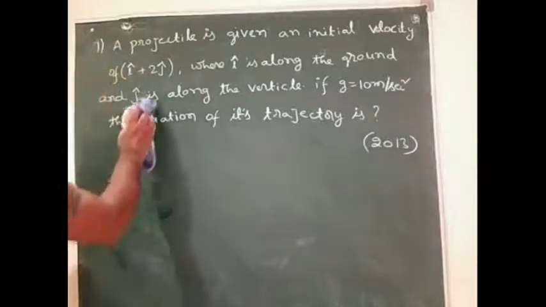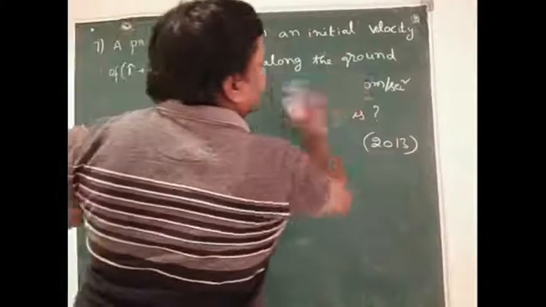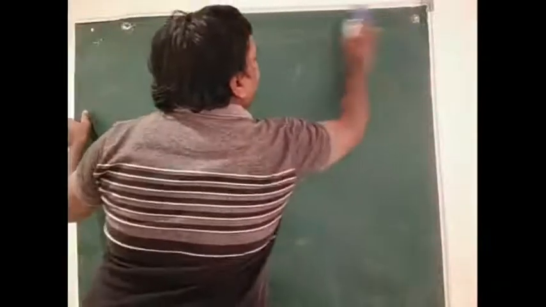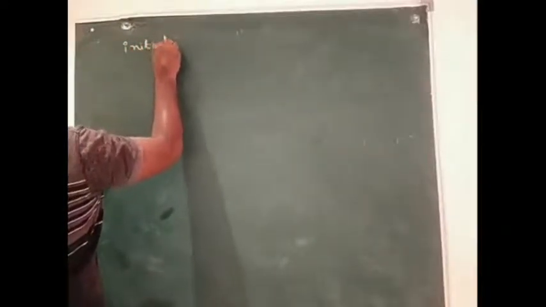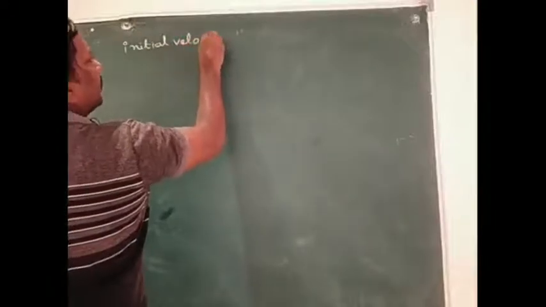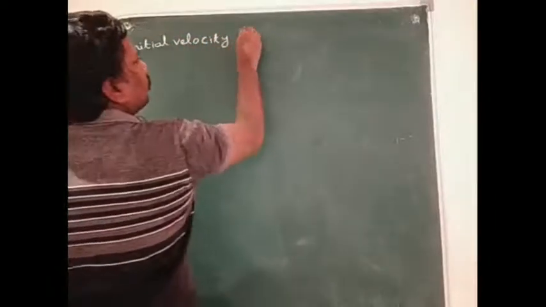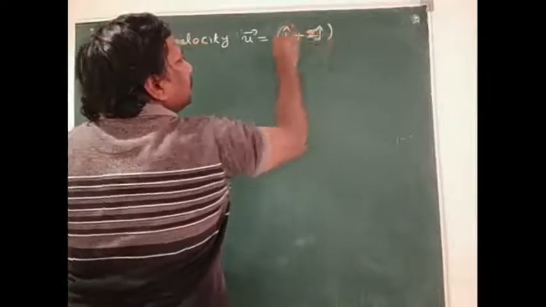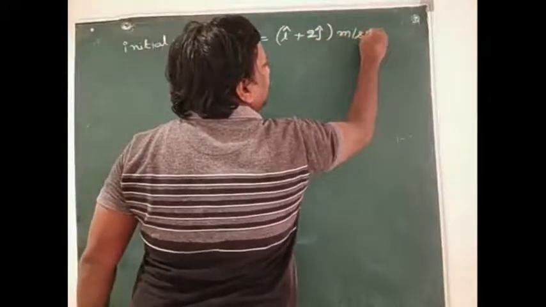Here initial velocity u bar equals i cap plus 2j cap meter per second.